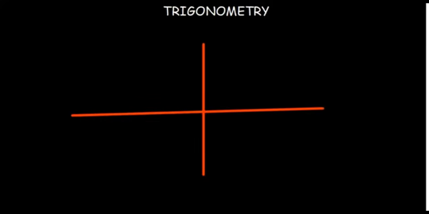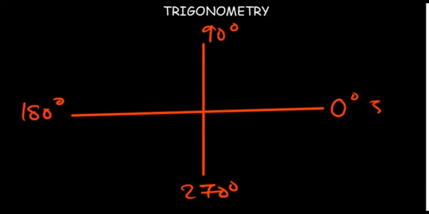So what you need to understand is that in the first quadrant, all the angles that you get, you can use a calculator or use special angles. All the special angles that we've talked about so far are in the first quadrant. Okay, so we do know 0, 90, 180, 270, and then 360 there.